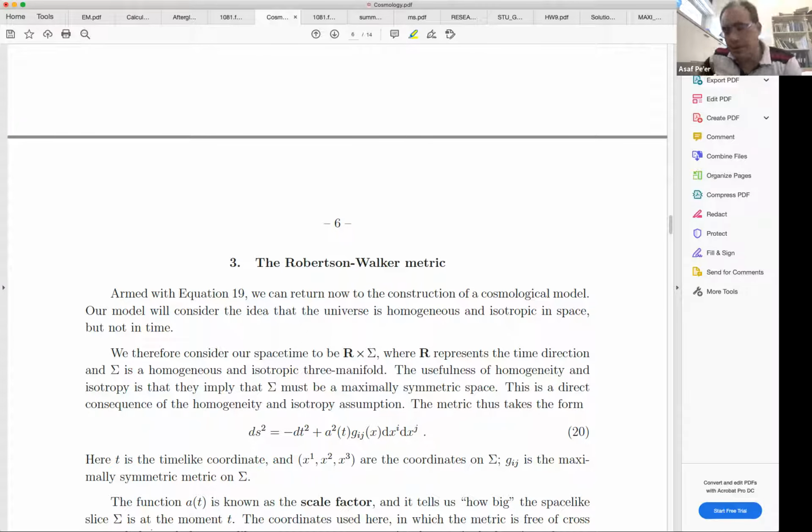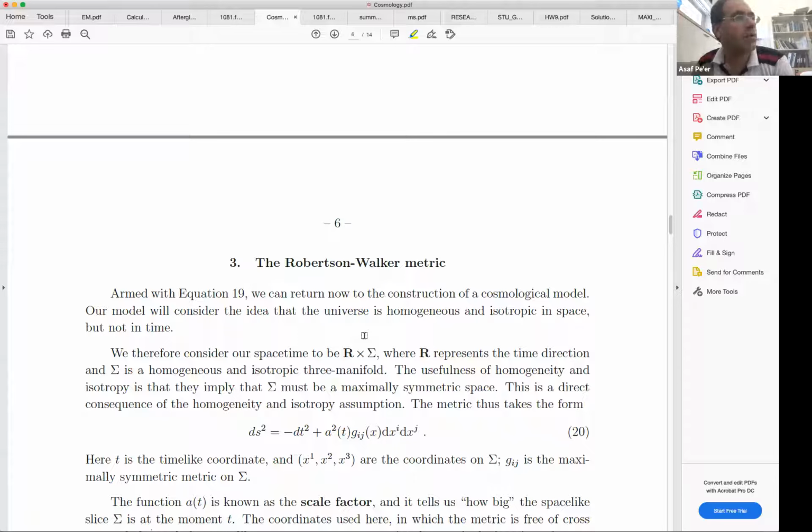And so I told you, technically, that means that we are dealing with a space which has a maximally symmetric subspace. In mathematical words, we'd say that we have a space that looks like R times sigma, where R is the time direction and sigma is this homogeneous and isotropic submanifold.